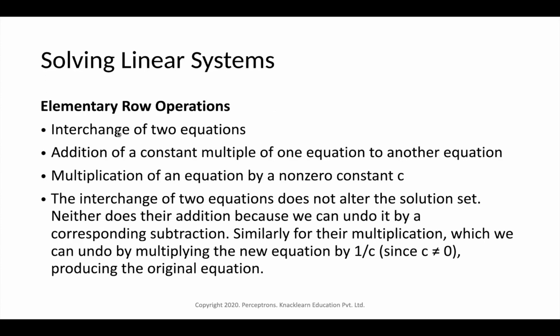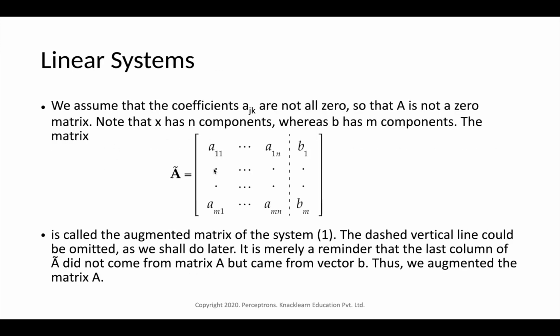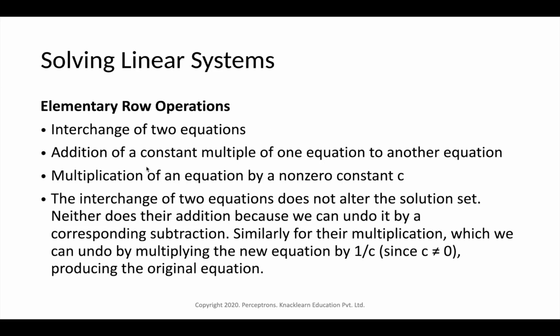We can interchange any two equations, for example the first equation with the second one, or the last equation with the first one. If I interchange the equations, it is not going to change the solution set. That is why we can interchange any two equations within a matrix. Next is the addition of a constant multiple of one equation to another equation.